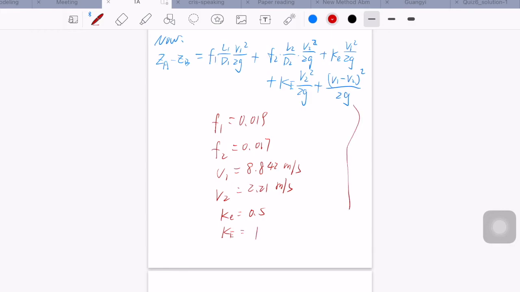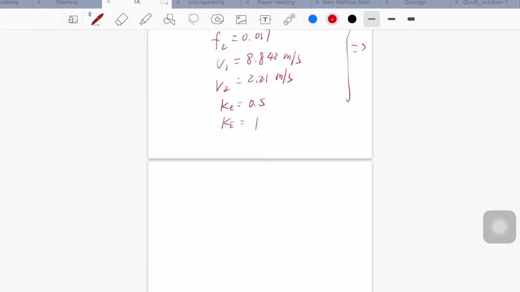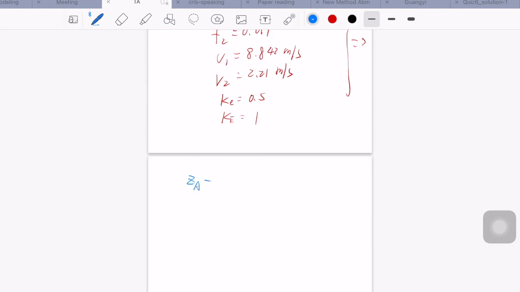So we can determine that ZA minus ZB is 44.45 meters. So we finished this problem.